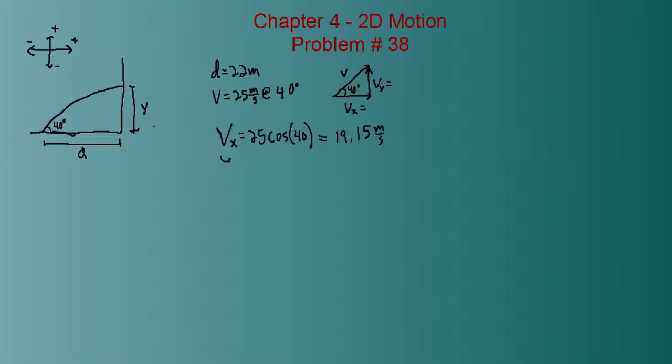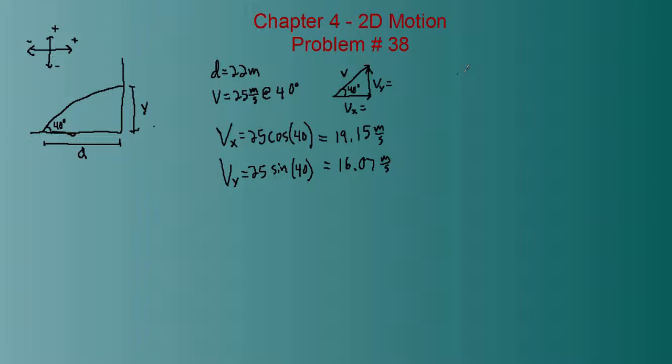In the y direction, we got 25 sine 40, and again, sine is opposite. The y component here is opposite the 40 degree angle. Gives us 16.07 meters per second. So those are our initial velocities in both the x and the y direction.